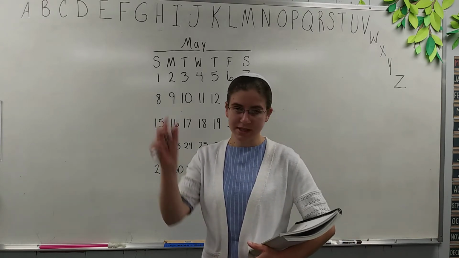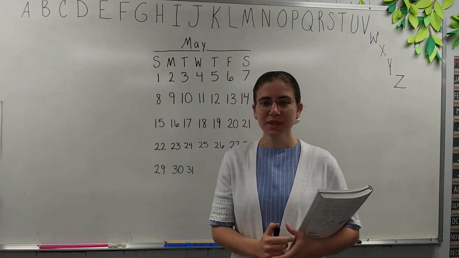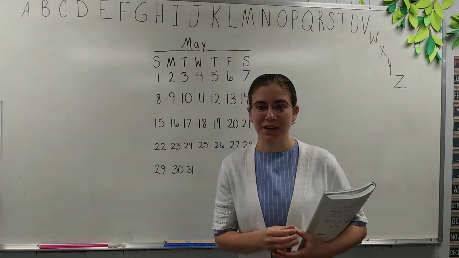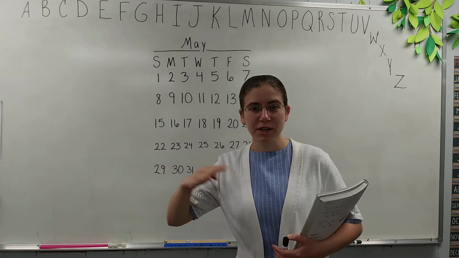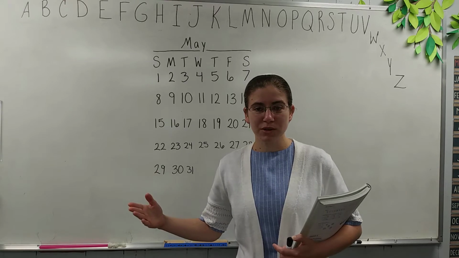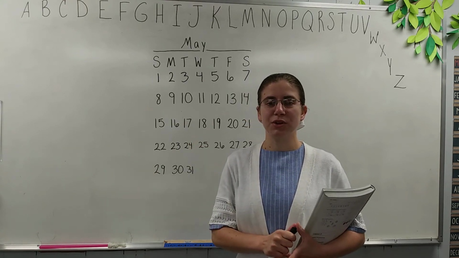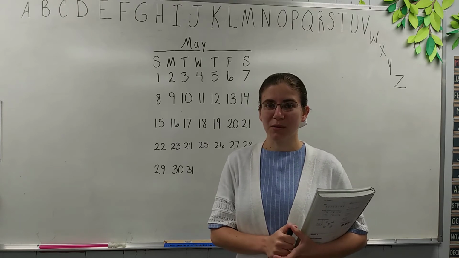And you'll see on the sides it says find out. This means that you are using things that you've already learned this year, using the knowledge that you already learned to solve these problems.